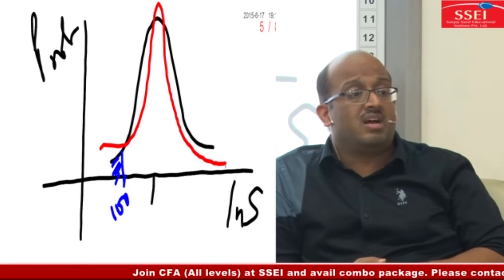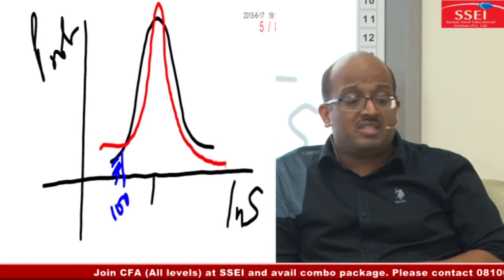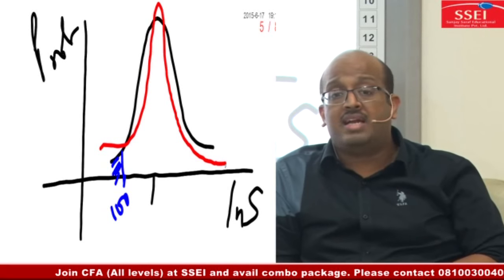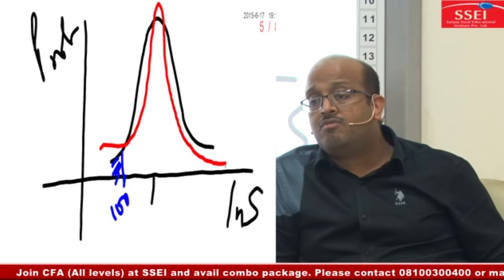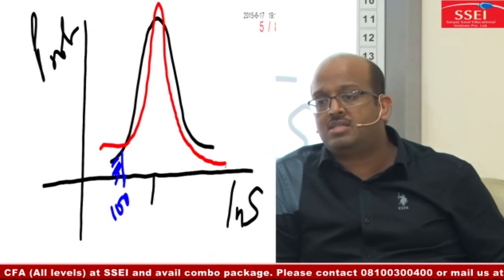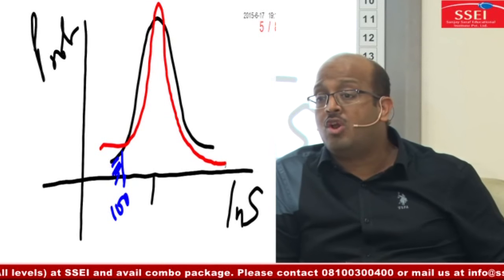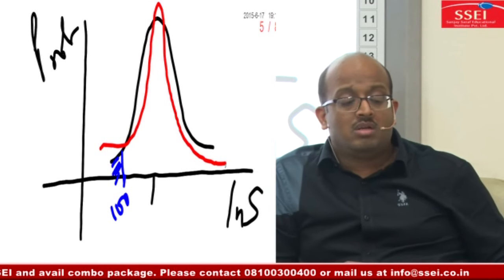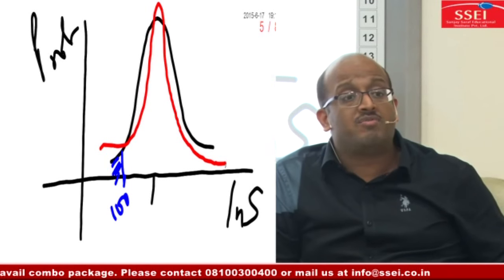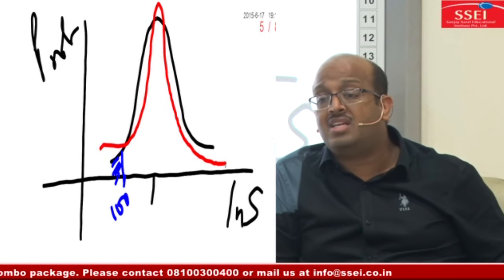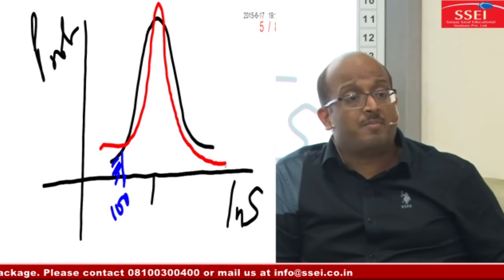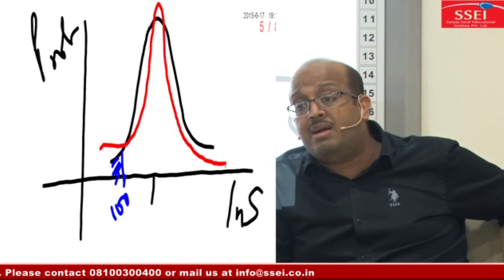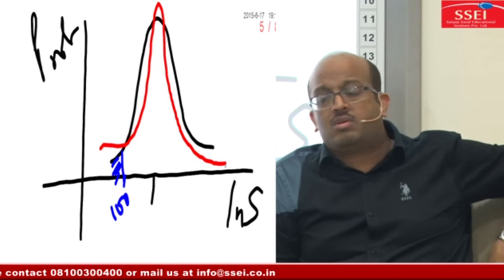This is the red graph. The red graph is the actual graph prevailing in the world for the distribution of stock price, while the black graph is the log normal distribution assumed by Black-Scholes. So on the left side you find the tails are fatter. People believe the stock price can go down. Its probability is higher than what is implied by the log normal distribution. Reason?